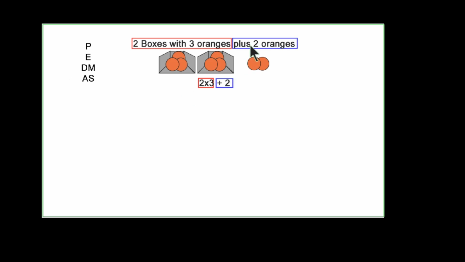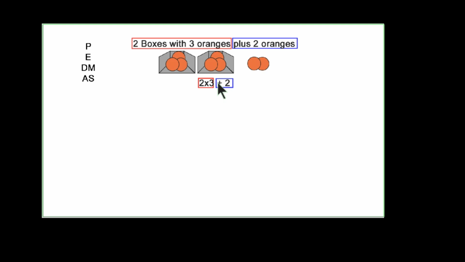And that's this. And it comes down here. Plus means addition. There are 2 more of them. So there you have it. So this part is that. And in the picture, this part are these 2 boxes, and these 2 oranges are these 2 that are outside of all of that. So now what we have to do is solve this equation.